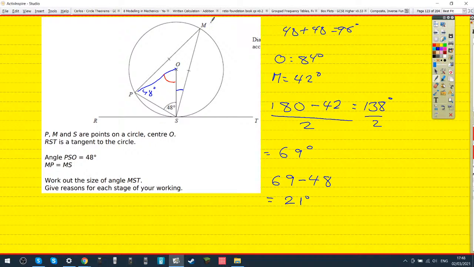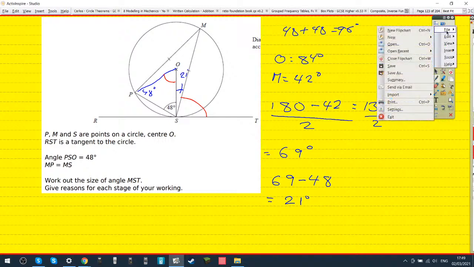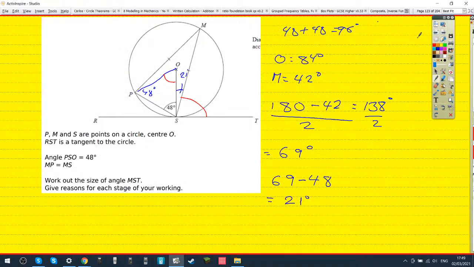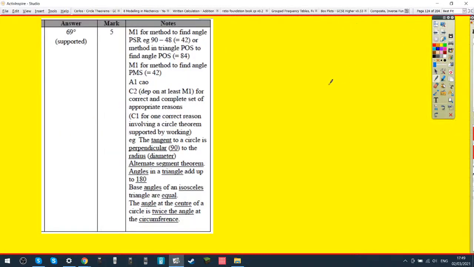Hang on, we wanted MST. So we want that. I thought it would help knowing that that's 21, but we don't know this little bit down here. Or is there some way to get that? Let me check. Maybe, is this in the right place? 69. So we saw 69 here. Why is that though?